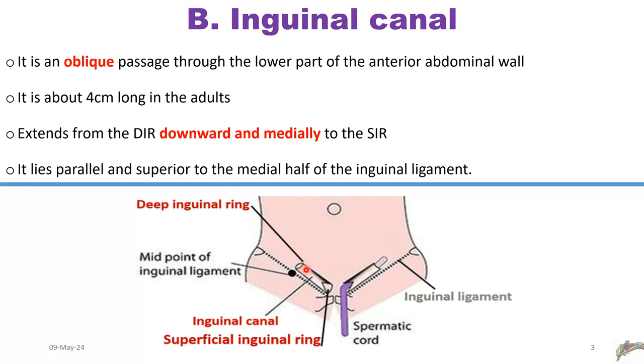So ideally, you can say the deep inguinal ring is the entrance point into the inguinal canal, and this is the exit tunnel from the canal. So you can see that is your inguinal canal. It's going to be situated just above the inguinal ligament. We have seen that the inguinal ligament extends.